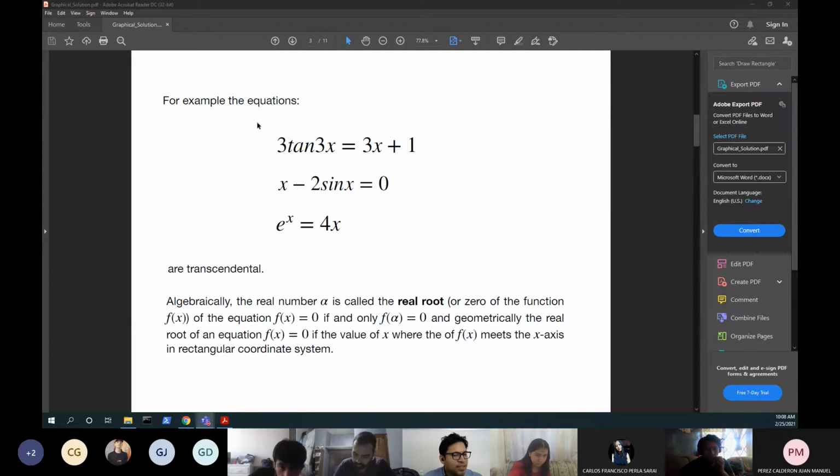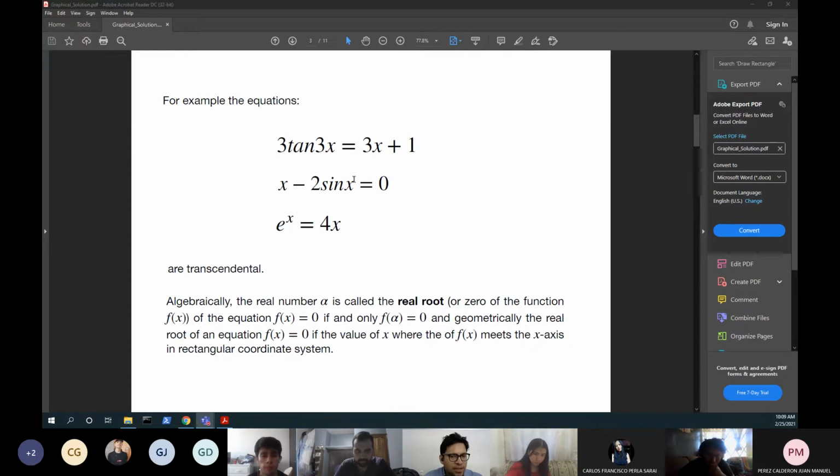Okay, so examples of the transcendental equations. Here we have 3 examples. We have 3 times the tangent of 3x. No matter that you have this 3x here, you have a function which is tangent. On the right-hand side of the equation, you have 3x plus 1, which is a polynomial, but you still have this tangent of 3x. So you have a function here. So this is an example of a transcendental. Same here, we have x minus 2 times sine of x equal to 0.